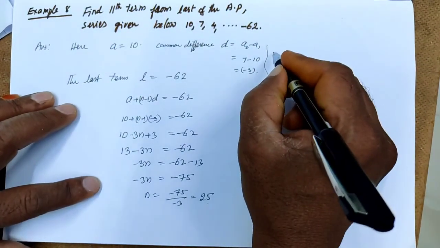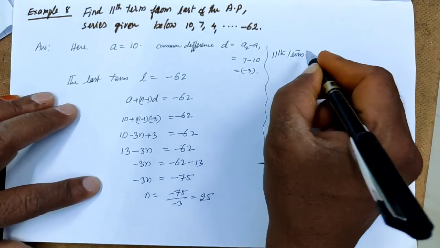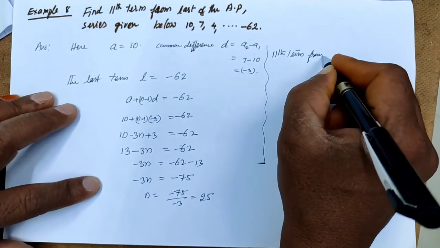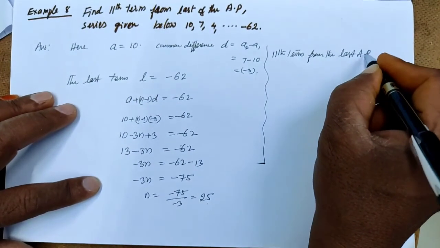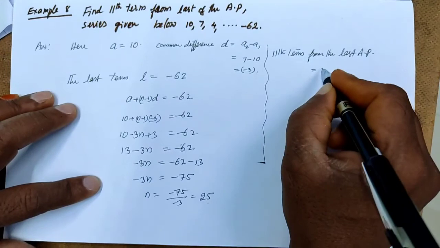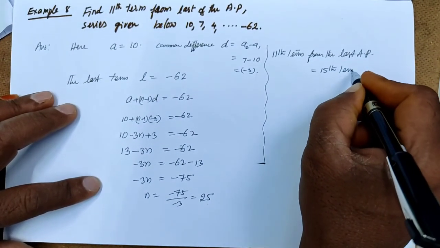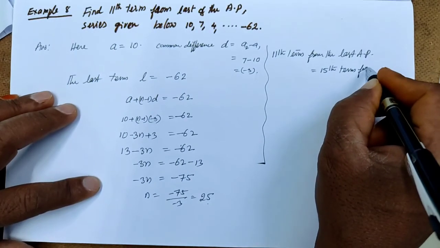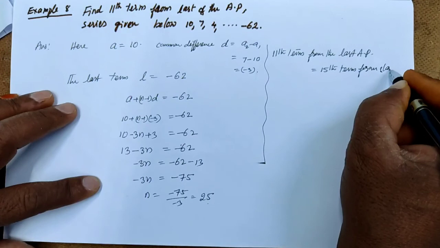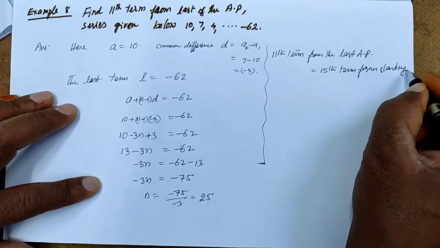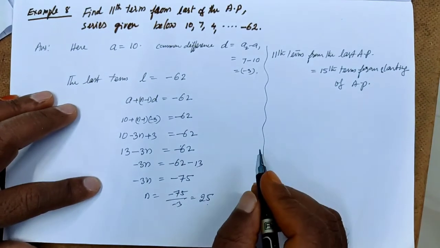So the 11th term from the last of the arithmetic progression is equal to the 15th term from the starting of the arithmetic progression.